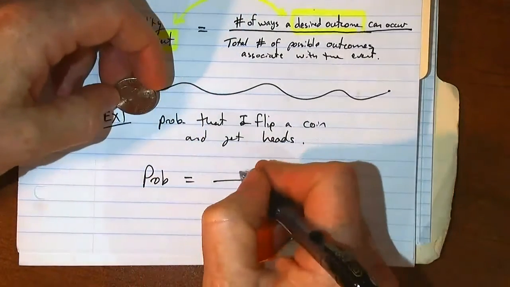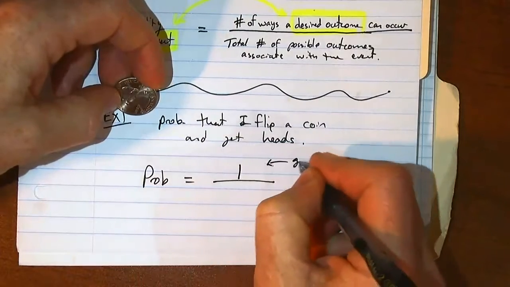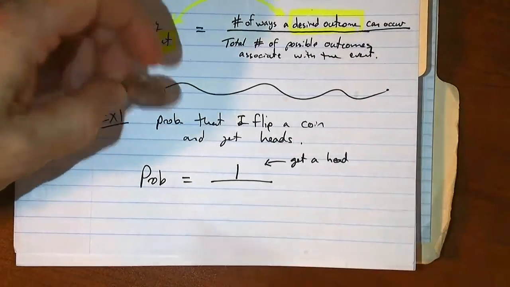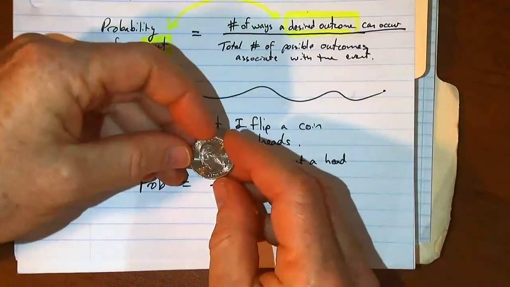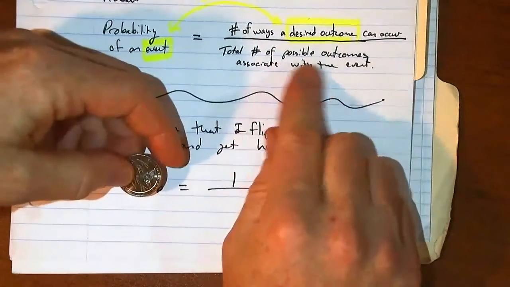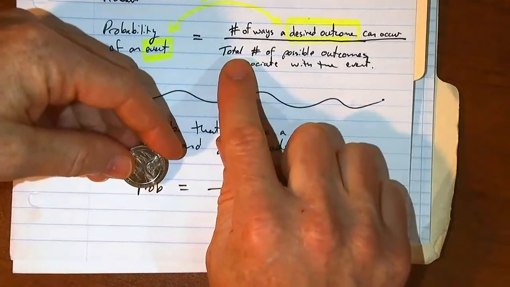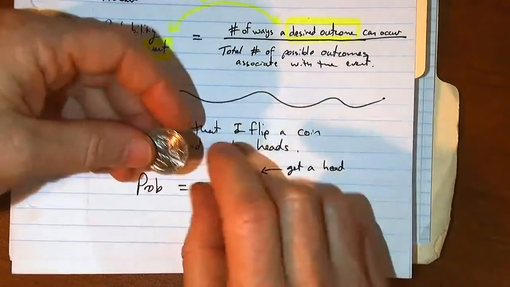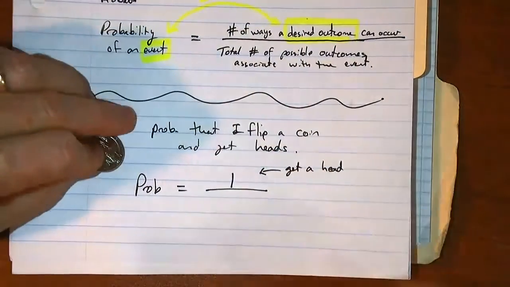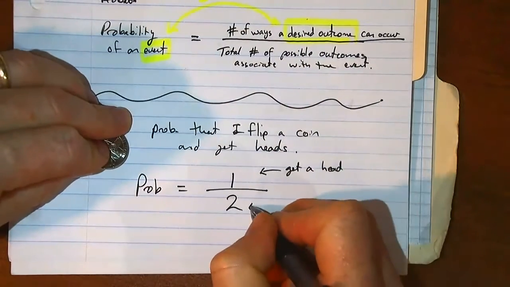So there's one possible way, which is to get a head on the coin. Now, if I flip the coin, I could get a head, but I could also get a tail. So there's 2 total possible outcomes. So notice, total number of outcomes, both desirable and not desirable. So there's 2 possible outcomes.